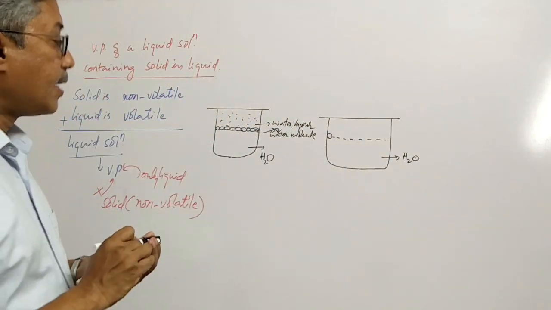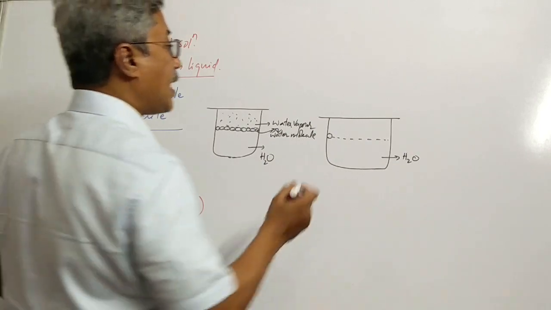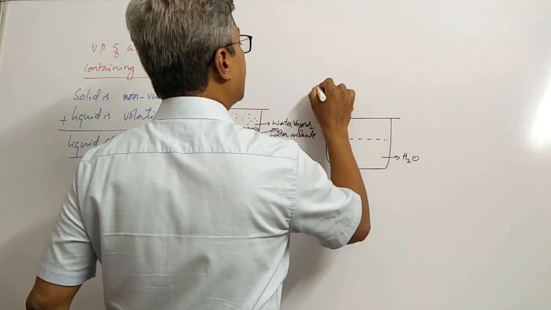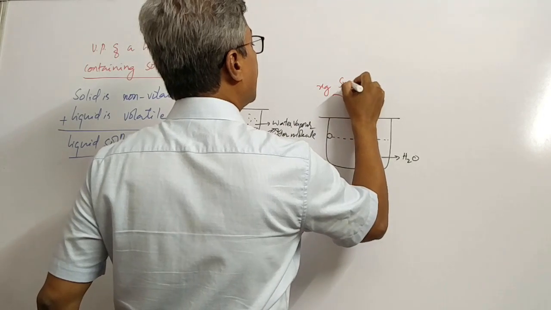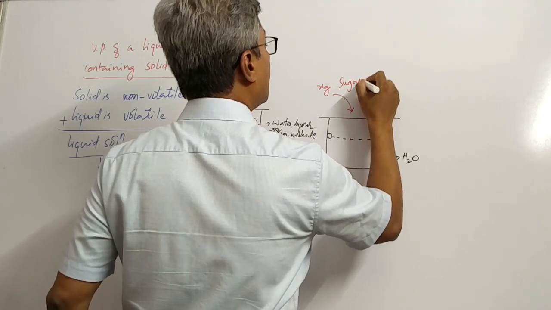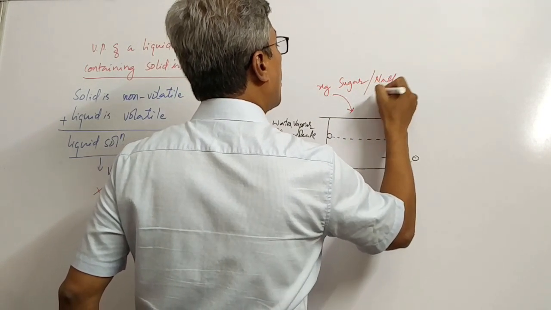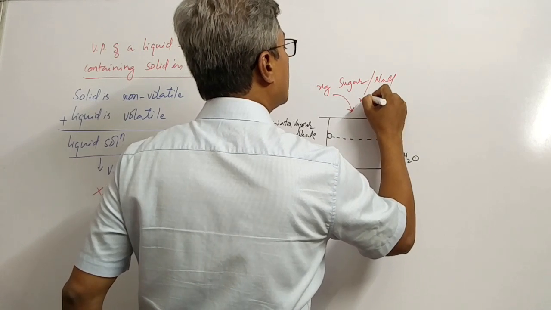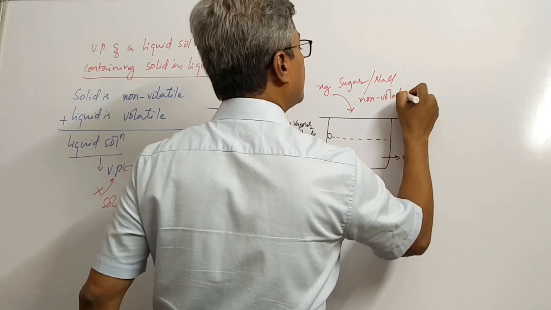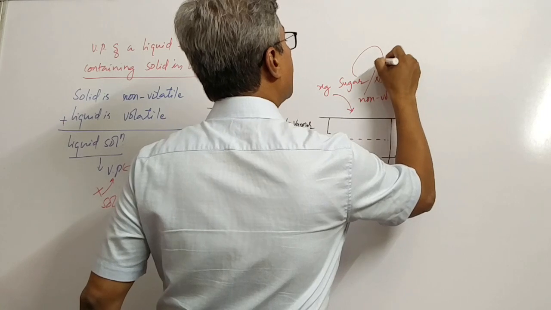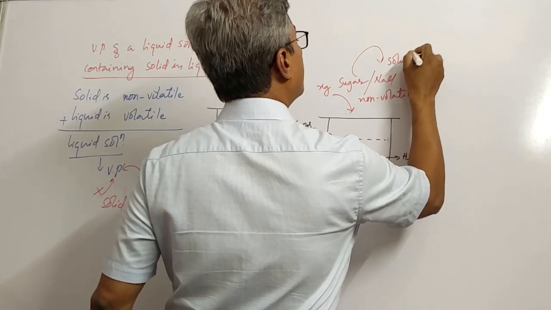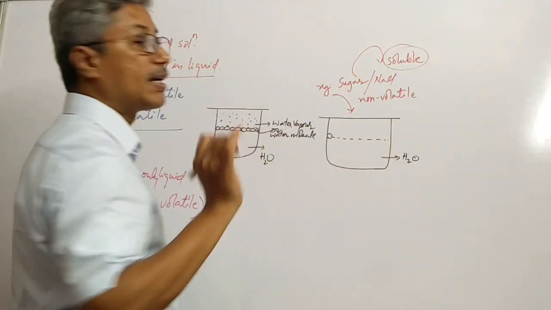See students, into this we add some quantity, say x gram of sugar or salt or any other non-volatile thing. The condition is it is soluble. It should be soluble completely.